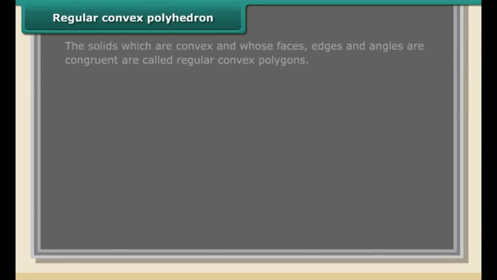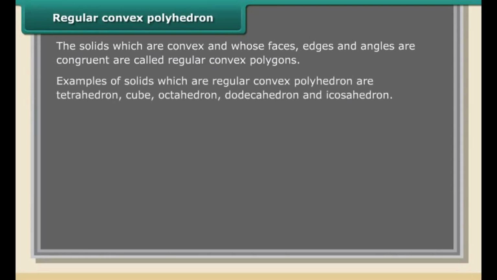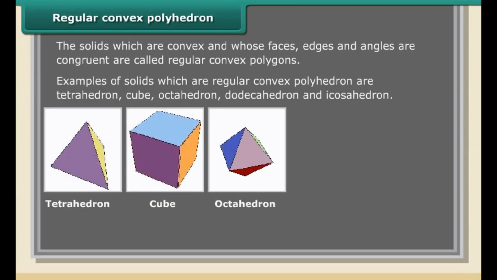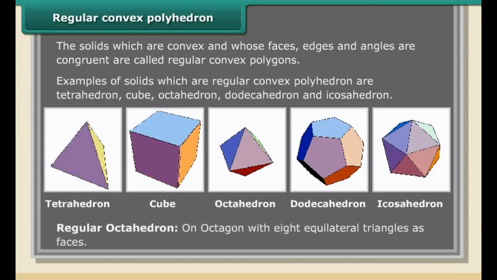Regular convex polyhedron: the solids which are convex and whose faces, edges and angles are congruent are called regular convex polyhedrons. Examples are tetrahedron, cube, octahedron, dodecahedron and icosahedron. Regular octahedron: 8 equilateral triangles as faces.